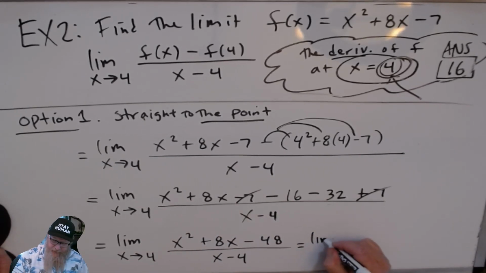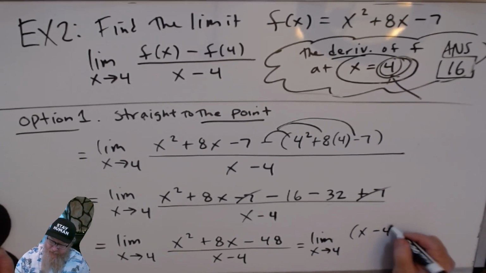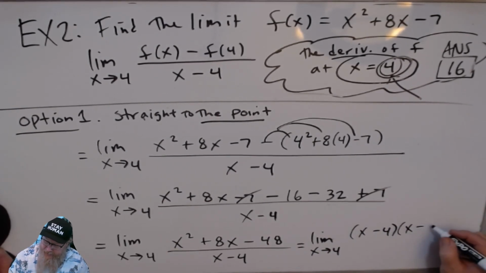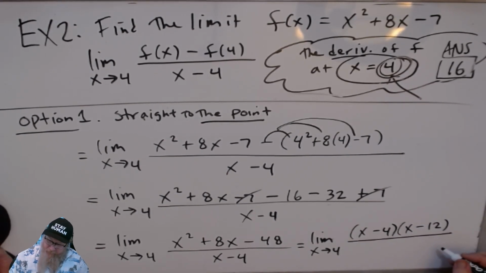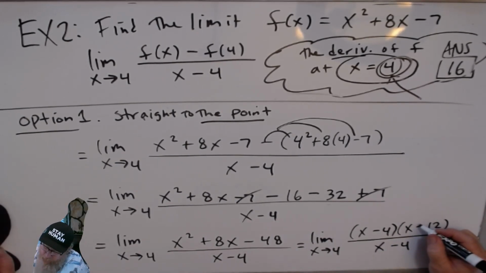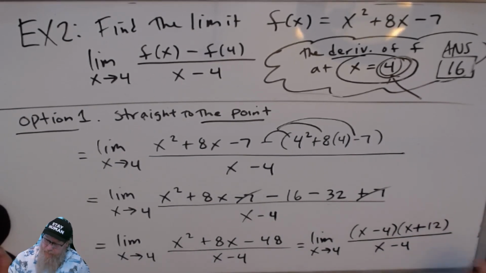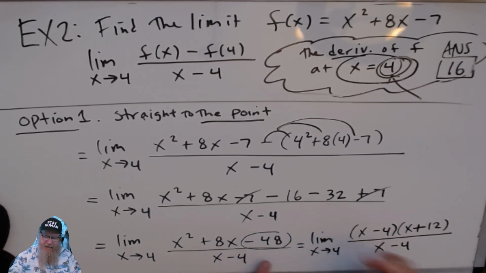So that's the limit as x approaches 4 of x minus 4, x plus 12 over x minus 4. Got to be careful with the signs. It's a negative 48.